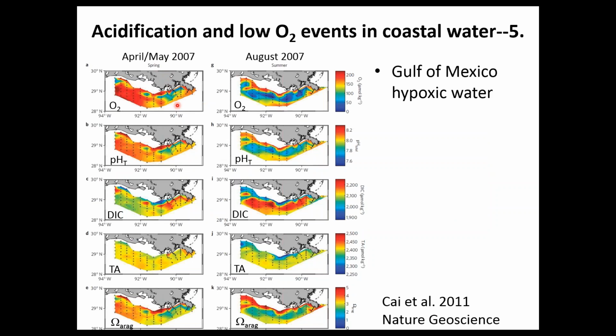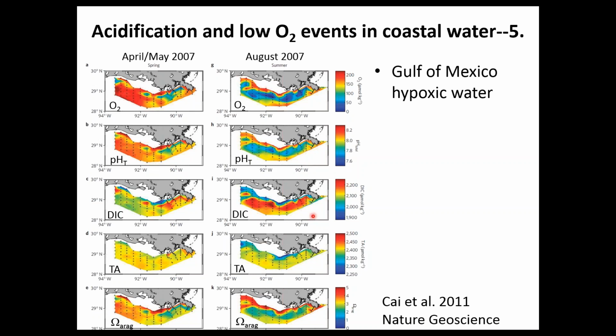You can see stratification starts in May, and when it comes to August, you have widespread low oxygen hypoxia events developed, and accompanying that you have low pH and very high DIC.